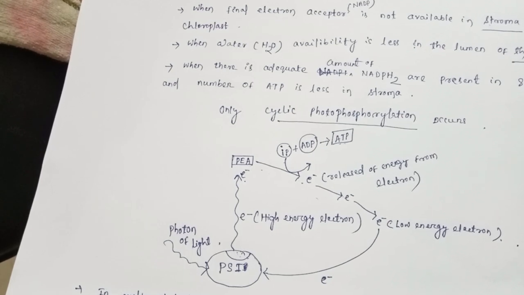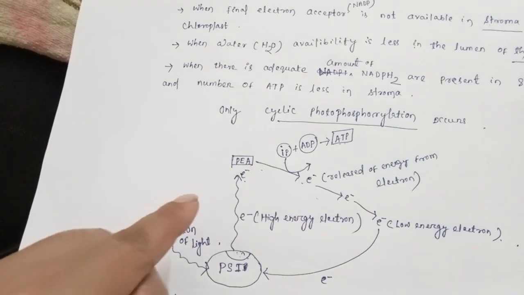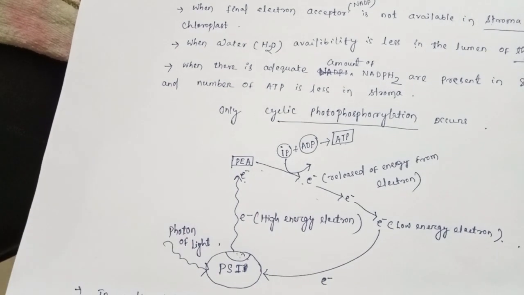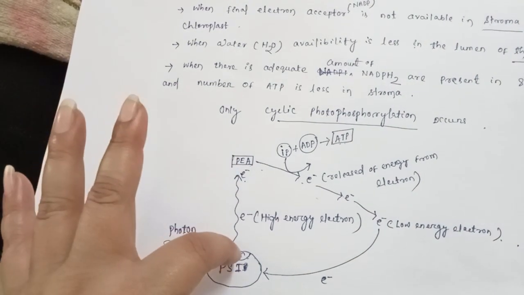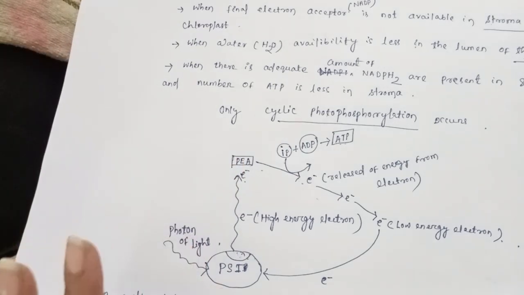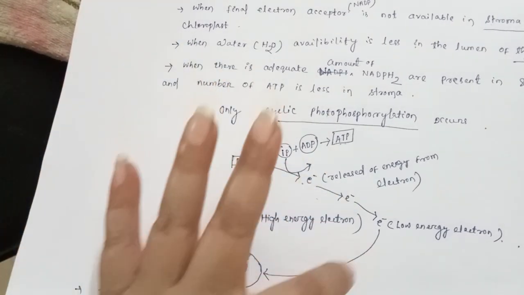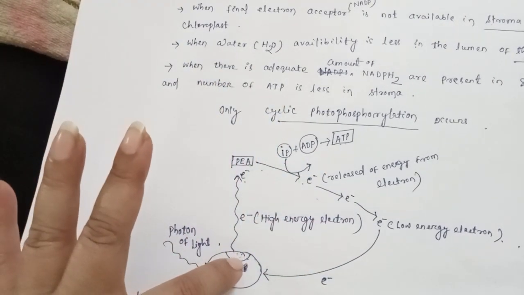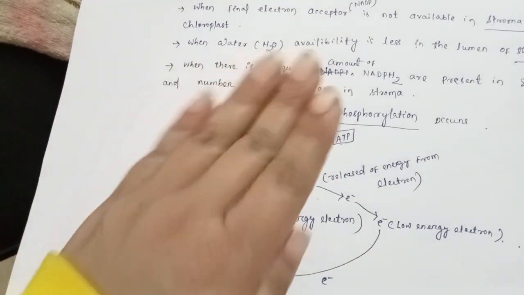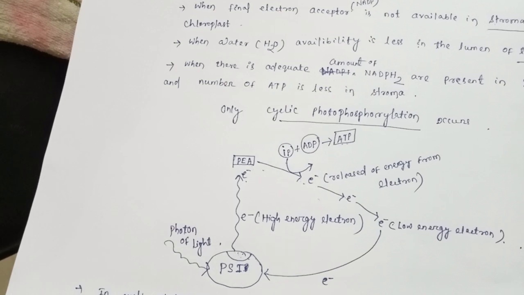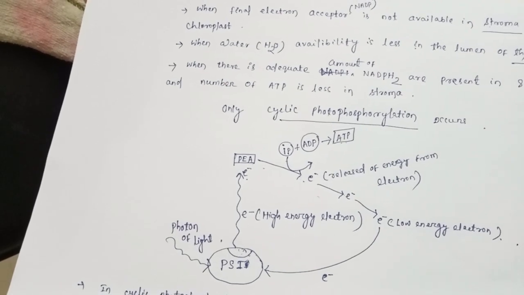Okay. In this pathway of electron flow, the electron released from the reaction center returns back to its original place because of certain circumstances, as I already discussed.